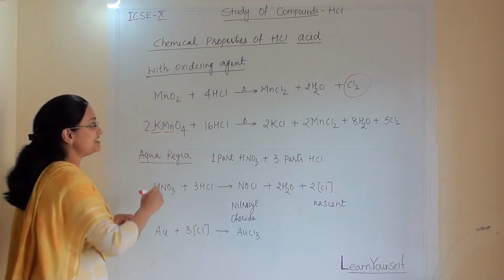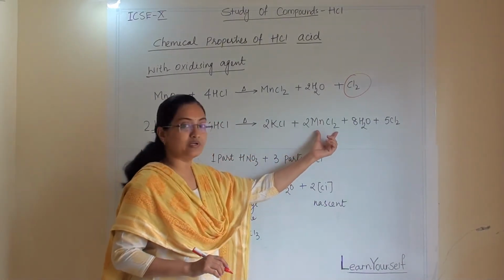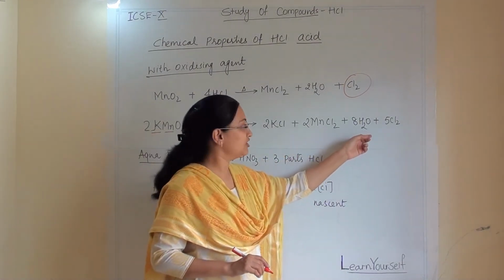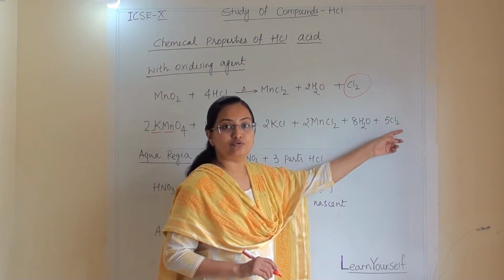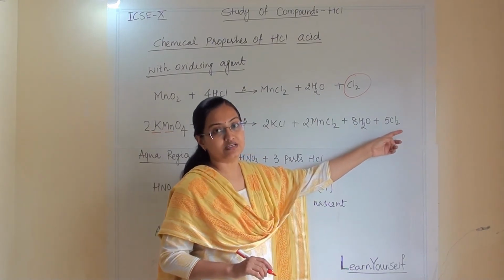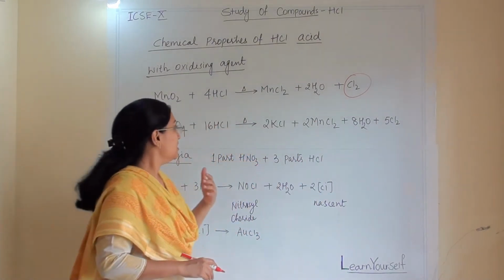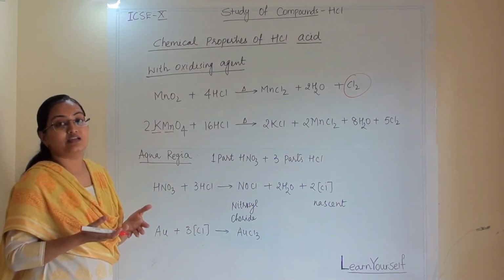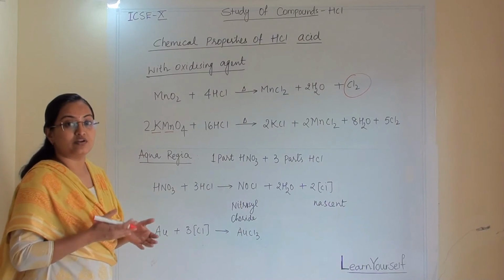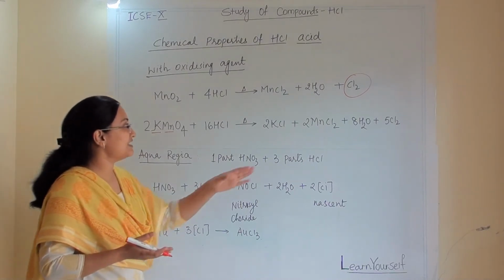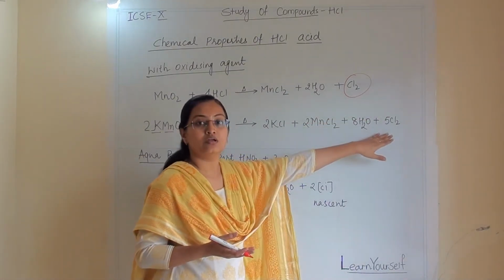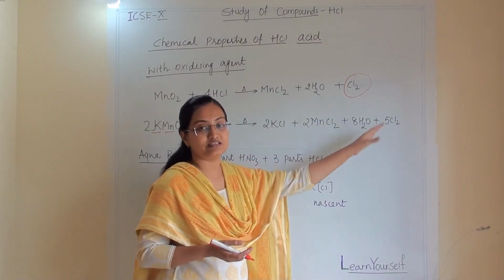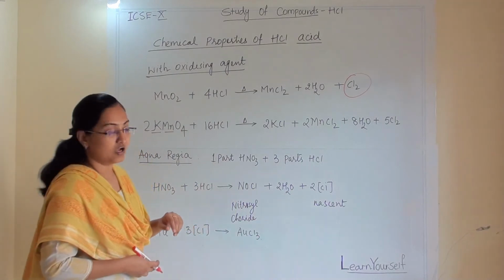Then manganese will react with chlorine and we will get manganese chloride. And 8 water molecules and 5 molecules of chlorine gas will be generated. So if you take lead oxide or potassium dichromate or any oxidizing agent, from those reactions you will get chlorine gas, and this is the application of hydrochloric acid.